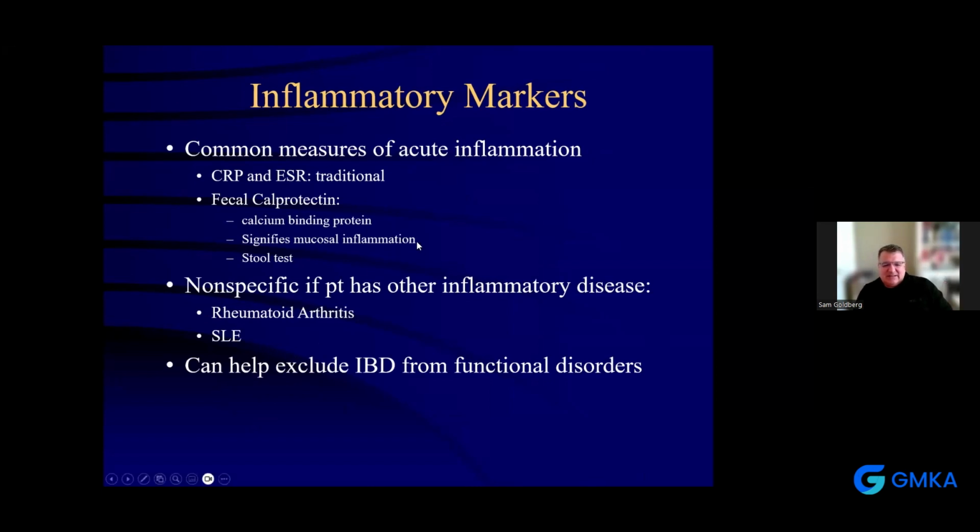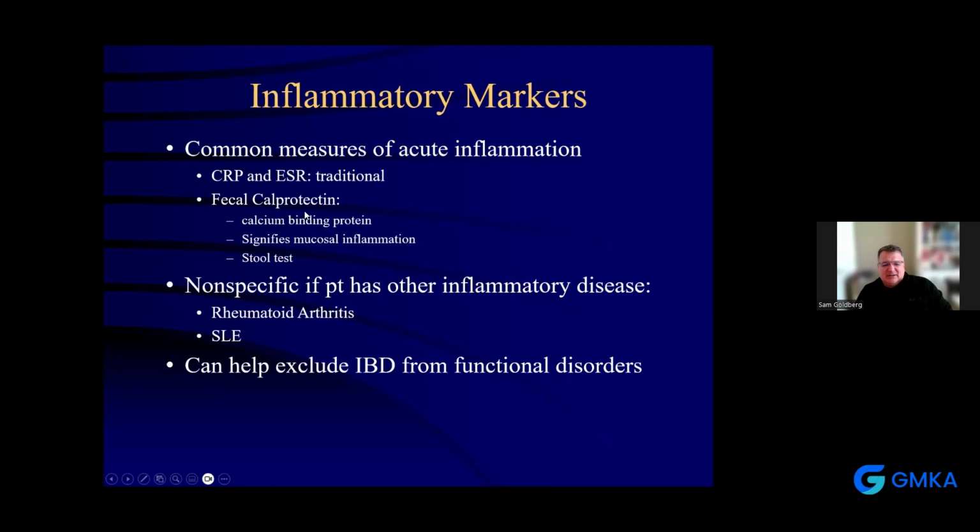It's a calcium binding protein, shows mucosal inflammation, and it's a stool test, but it works. I've had people with fecal calprotectins of 300, 400, 500, and their CRP or their sed rate are barely elevated. So it's a much more sensitive and specific test of GI inflammation.